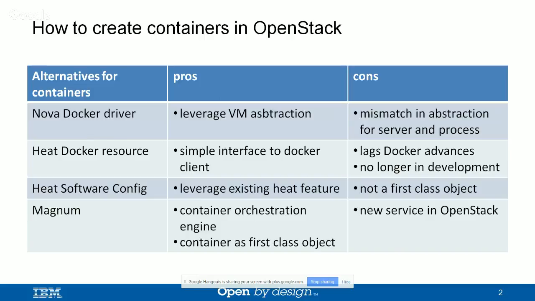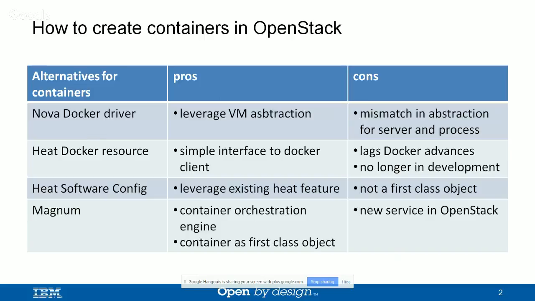The purpose of Heat software config is to install and configure software, so they are leveraging this existing feature to let you create and work with containers. The problem with those three methods, as I mentioned in the last column, is that they're not perfect, and there are issues with them.